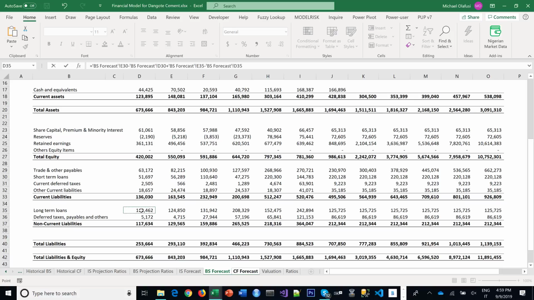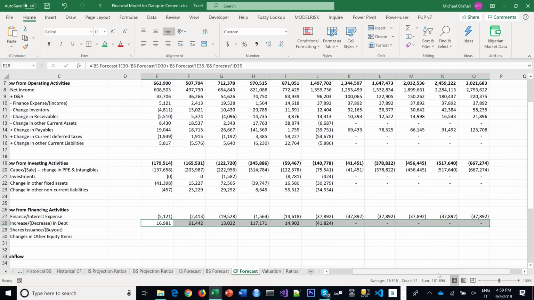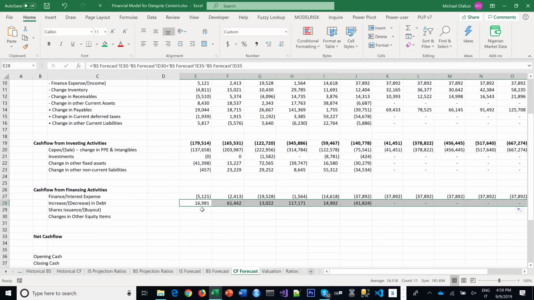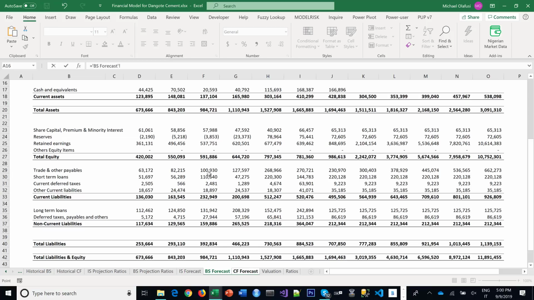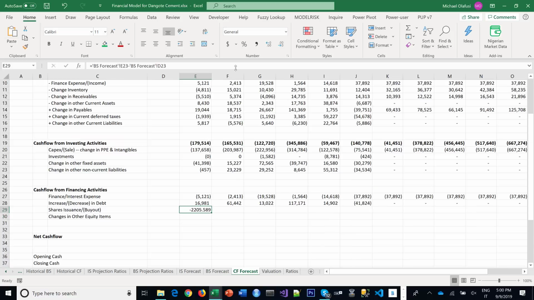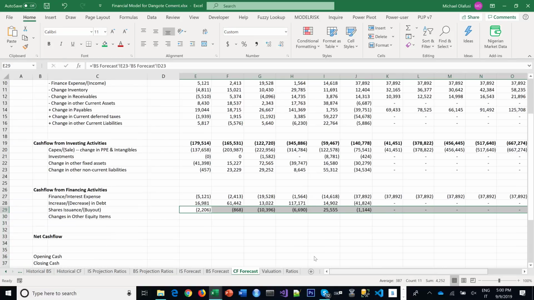All right, so that will tell us the increase in both the short-term and long-term debt. Then the company issued new shares, so we can do that. This minus this. So it seems they did some share buyout there.